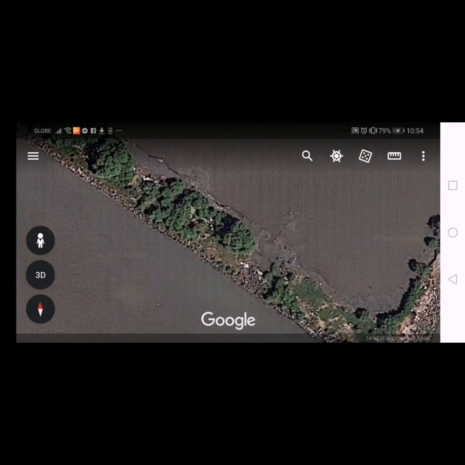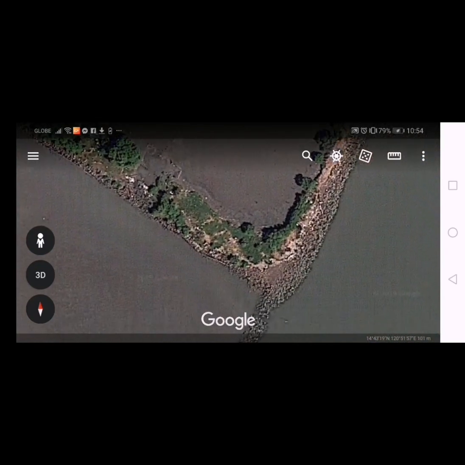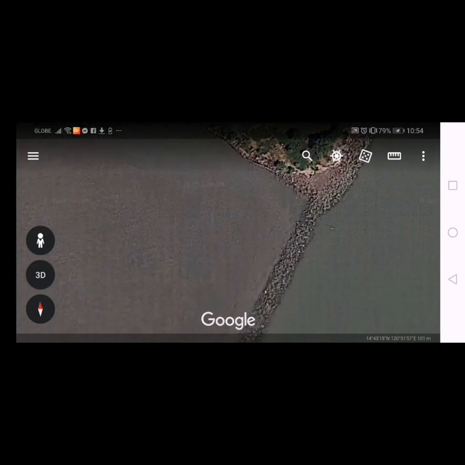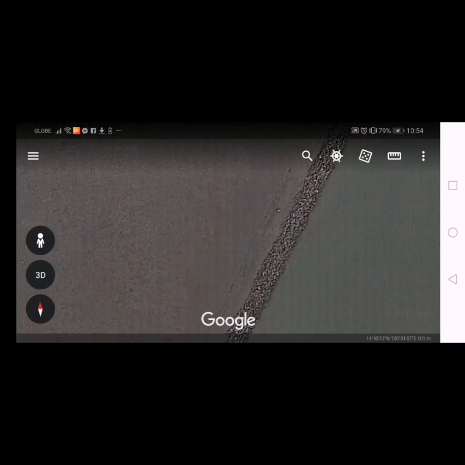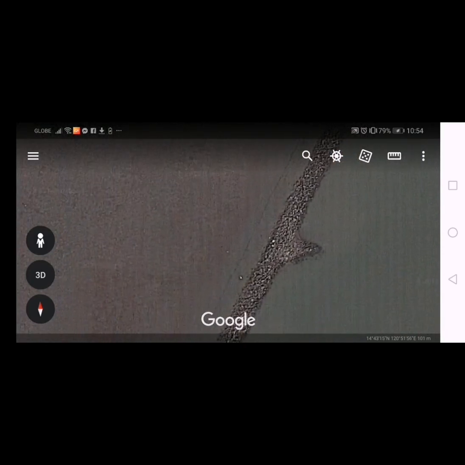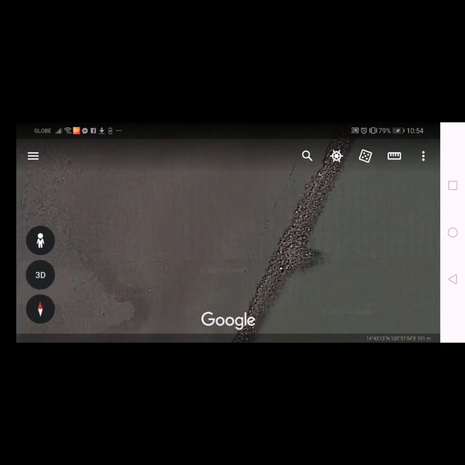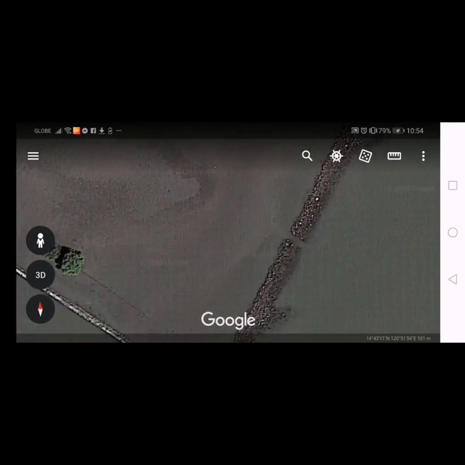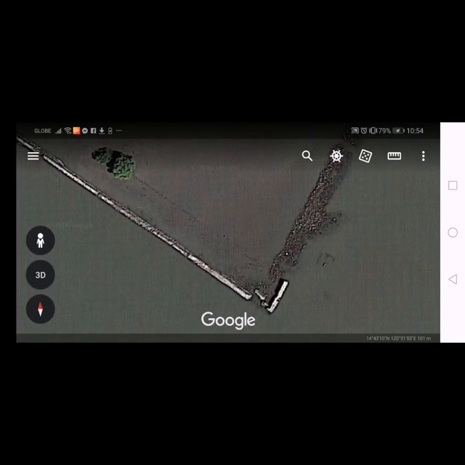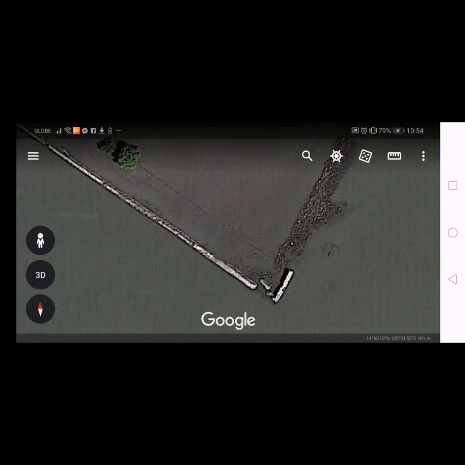Now, let's see what's the width of this wall. Let us show you the width of this section so you will have an idea about the width of these walls.